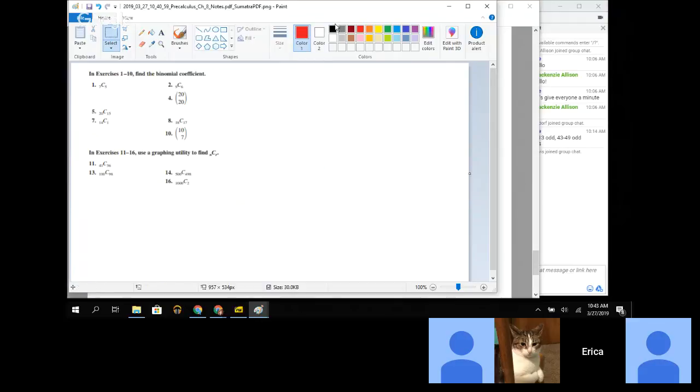Okay. So number 4, you have 20 items and you're going to choose 20 of them. So what does this mean? You'd have 20 factorial divided by 20 factorial times 20 minus 20 factorial. One thing that we would have to know then is what is 0 factorial?